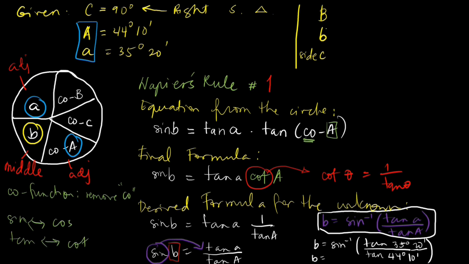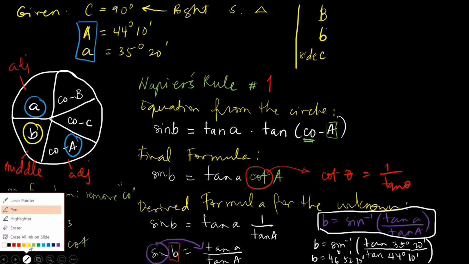So let us just write it. 46 degrees, 52 minutes, then 23 seconds. Then you just enclose it in a box.